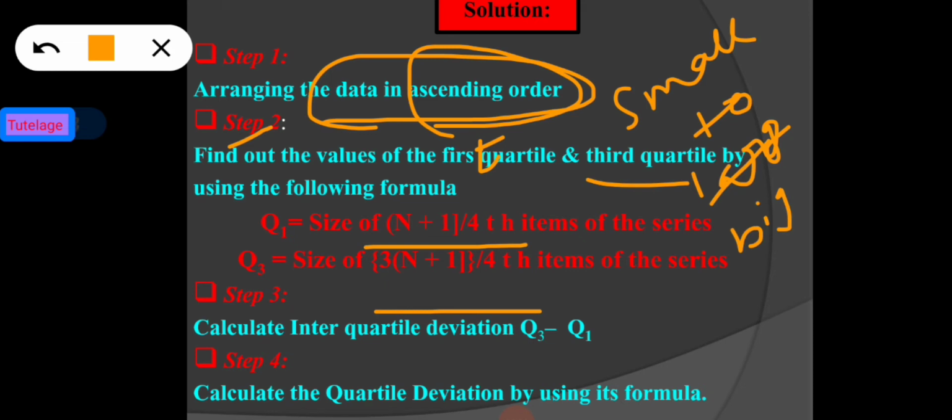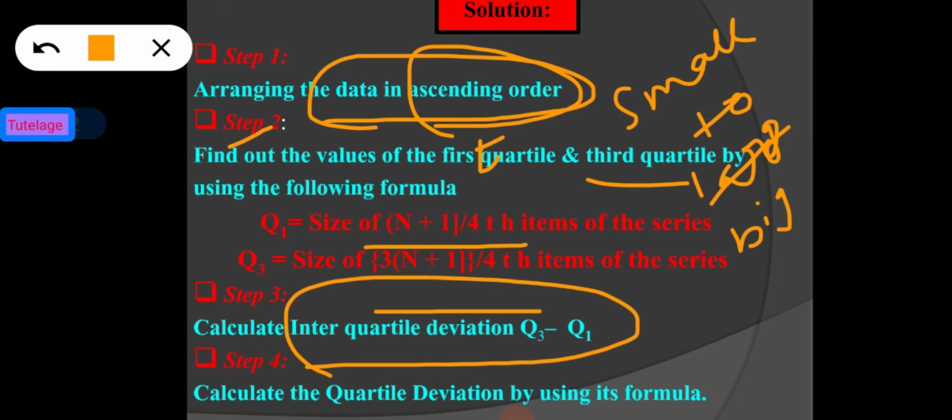Step 3 is to calculate the interquartile deviation, that means Q3 minus Q1, and the last step is to calculate the quartile deviation by using its formula, Q3 minus Q1 divided by 2.